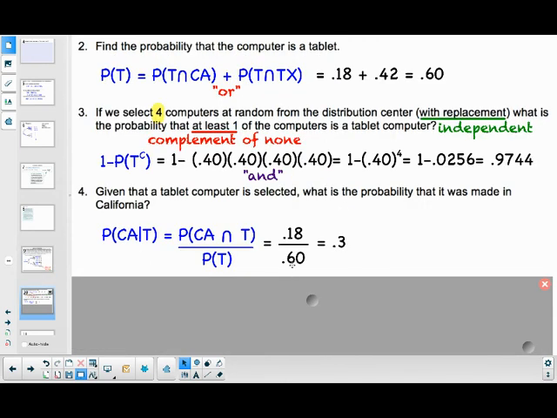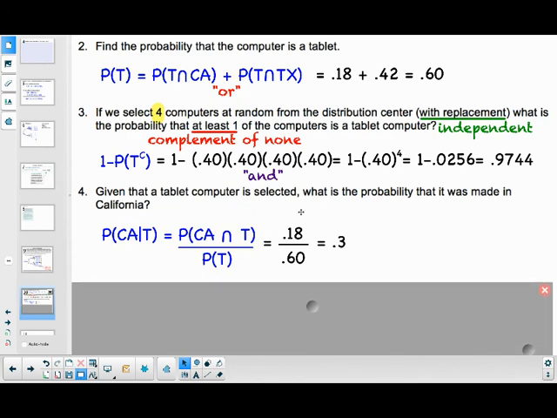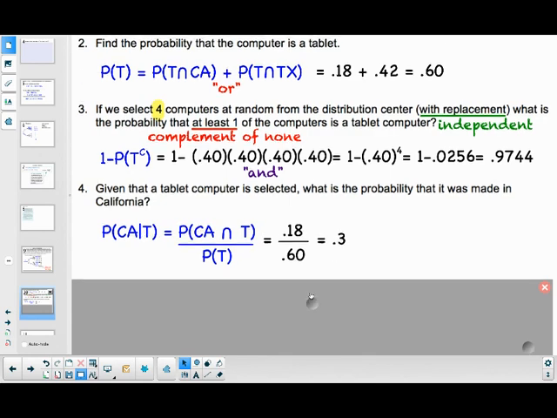So 0.18 out of 0.60, or 30%. You can think of this conceptually because you're restricting to just the tablets and then asking what percent of those are from California. You could think of the formula, and you get 30%.